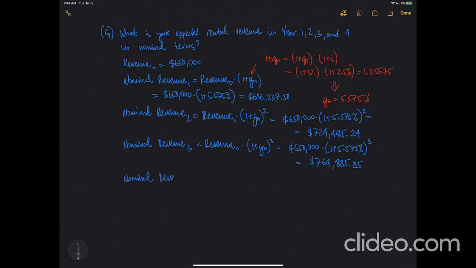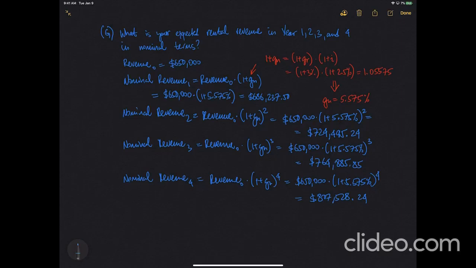nominal revenue in year 4 would equal the current revenue multiplied by 1 plus nominal growth rate raised to the power 4, and this equals, again, 650,000 multiplied by 1 plus 5.575% raised to the power 4 now, and this equals $807,528.24.